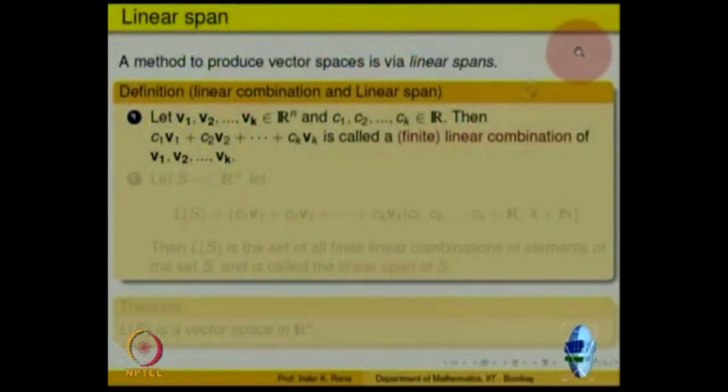So let us start with some finite number of vectors in Rn, and scalars, and look at this new vector C1 V1 plus C2 V2 plus Ck Vk. What I have done is scaled every vector, V1 by C1, V2 by C2 and so on, and taken a sum of them.